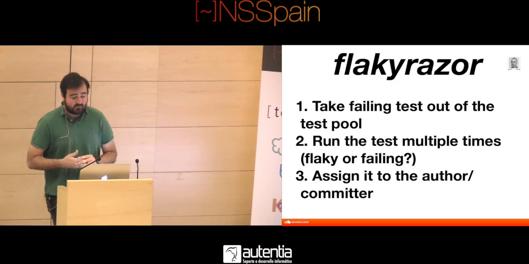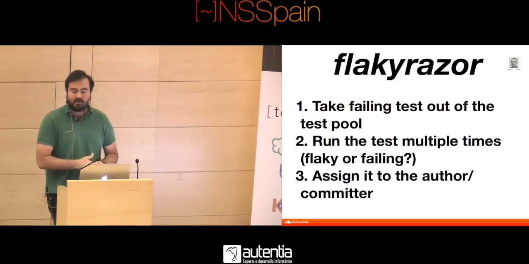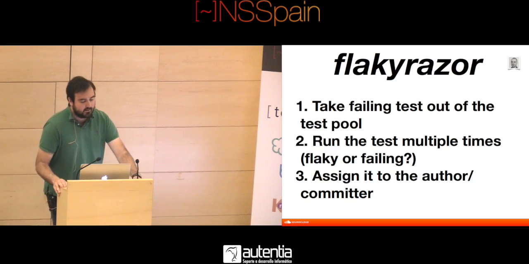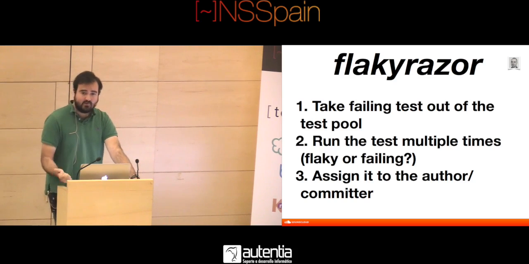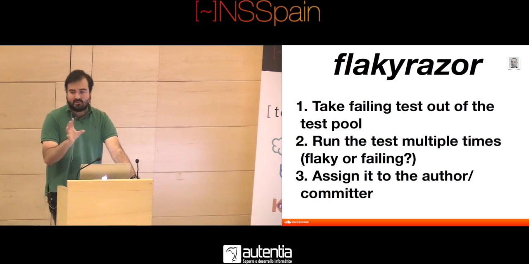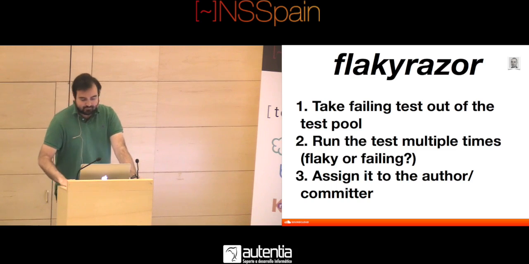What we would like to do is take the failing test out of the test pool. That way the build is green again, and we can continue working. We can run the test multiple times to figure out if it's flaky or not. And then we can assign that failing test automatically to the person who committed it, and they can fix it.